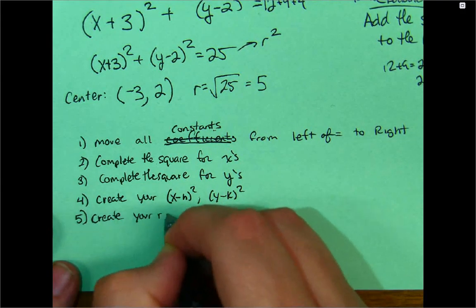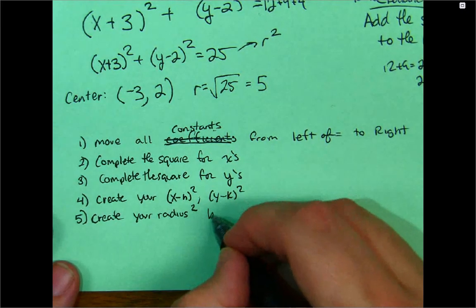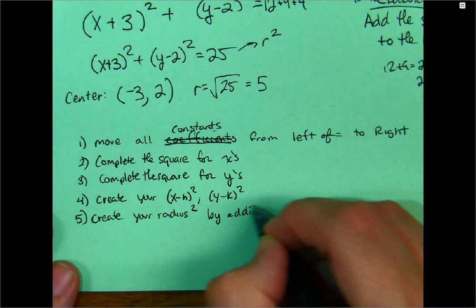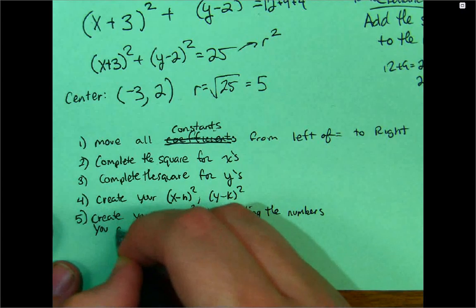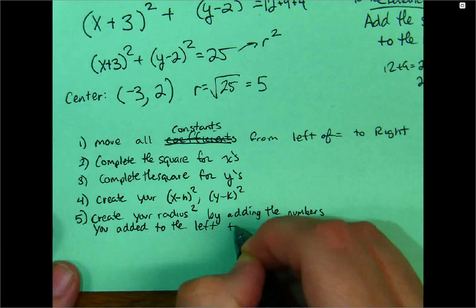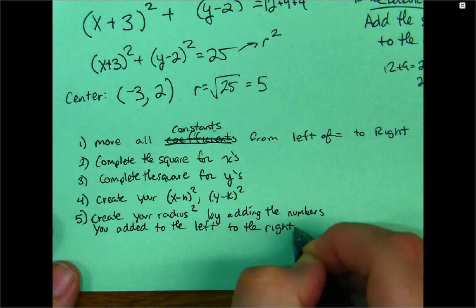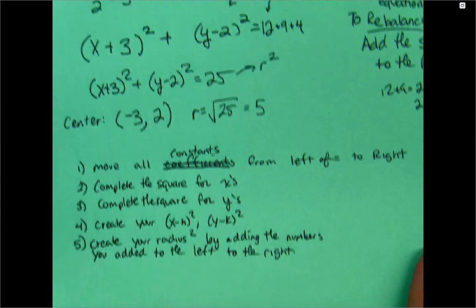Create your radius squared by adding whatever numbers that you added to the left-hand side to complete the square. Add those same numbers to the right. That 9 and that 4 that we came up with, that's what we added to the right.